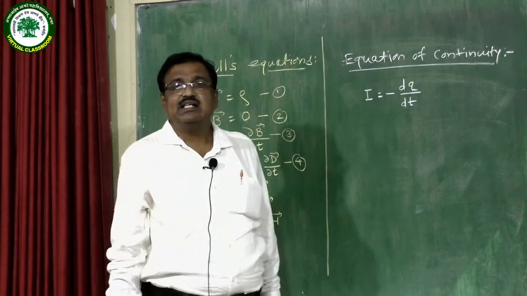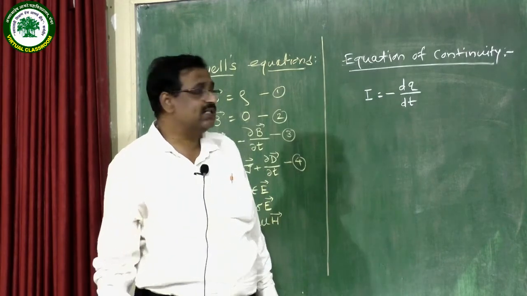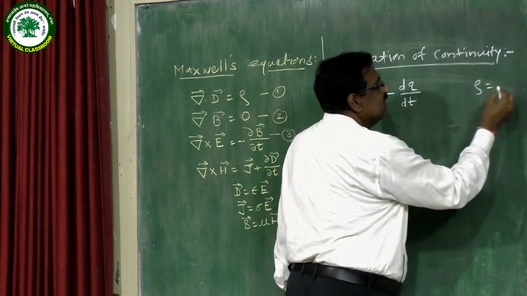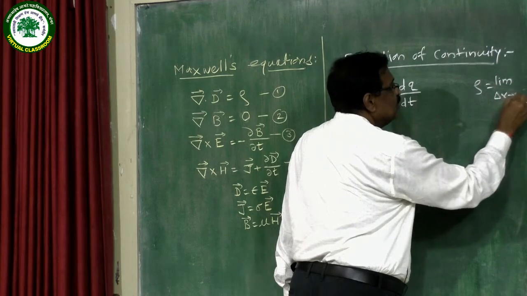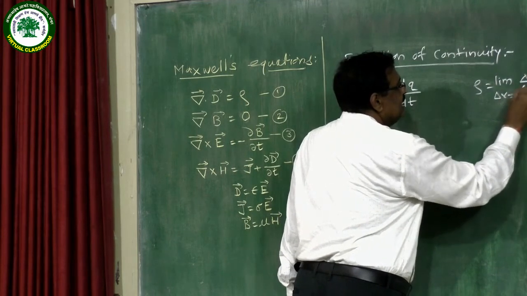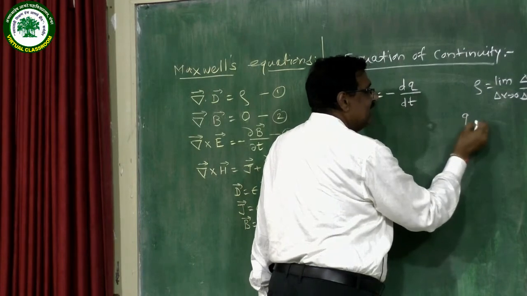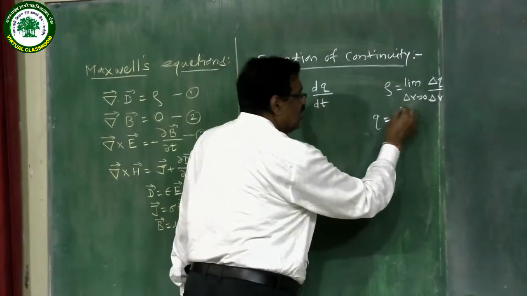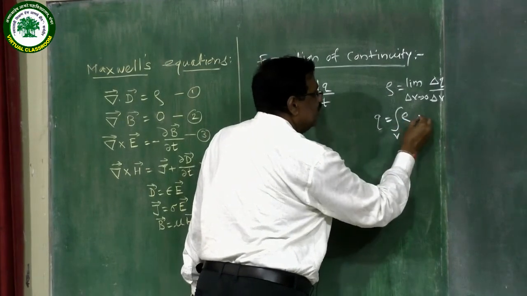Similarly, in this case, Q is expressed in terms of charge density, that is volume density of charge, and we know that volume density of charge is defined by rho. Rho is given by the limit delta V tends to 0 of delta Q divided by delta V, from which we can easily calculate the charge Q by integrating rho over V, that is integral over V of rho into dV.